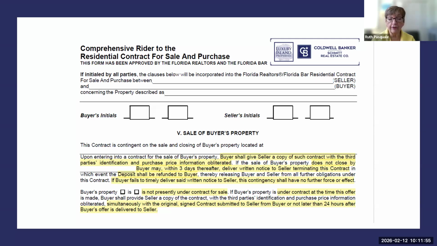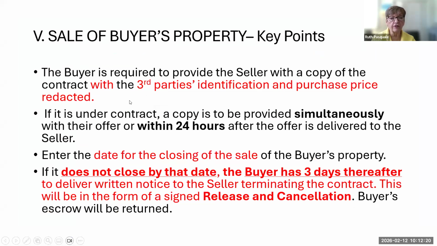If the buyer's property is under contract at the time this offer is made, then the buyer's got to provide the seller a copy of the contract with third party's identification and price information obliterated simultaneously with their offer or within at least 24 hours after the buyer's offer is delivered to the seller. So, I just gave you some bullet points here that just talk to what I just went through with you.